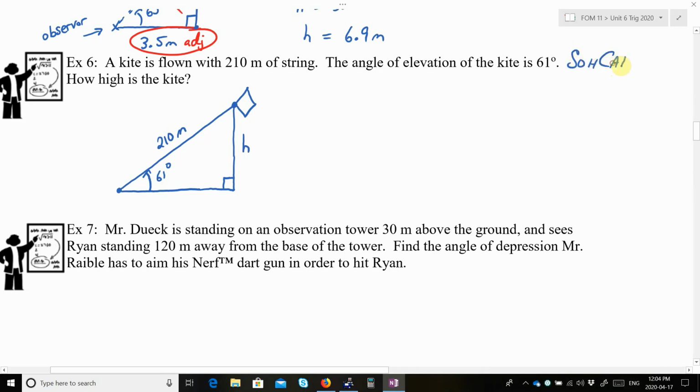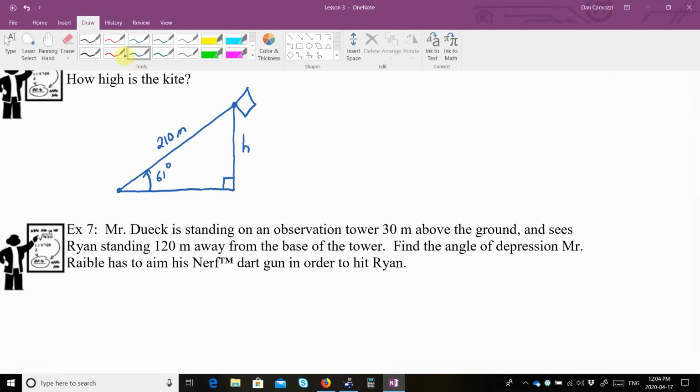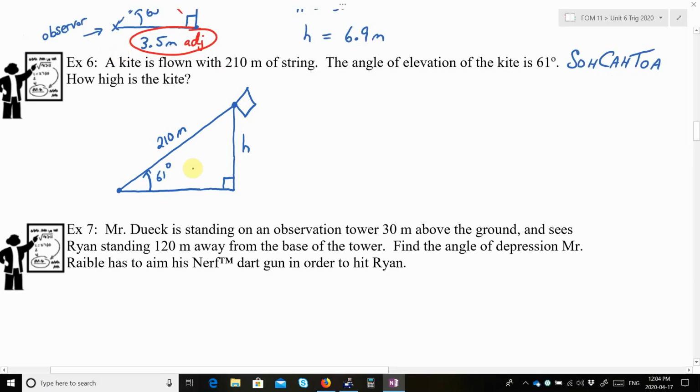I'm going to write down SOHCAHTOA again. Now let's label the triangle. Across from the 61 degrees is the opposite side. Across from the 90 is the hypotenuse, leaving this side to be adjacent. And notice we want to find the opposite side, which is h, and we have the hypotenuse.